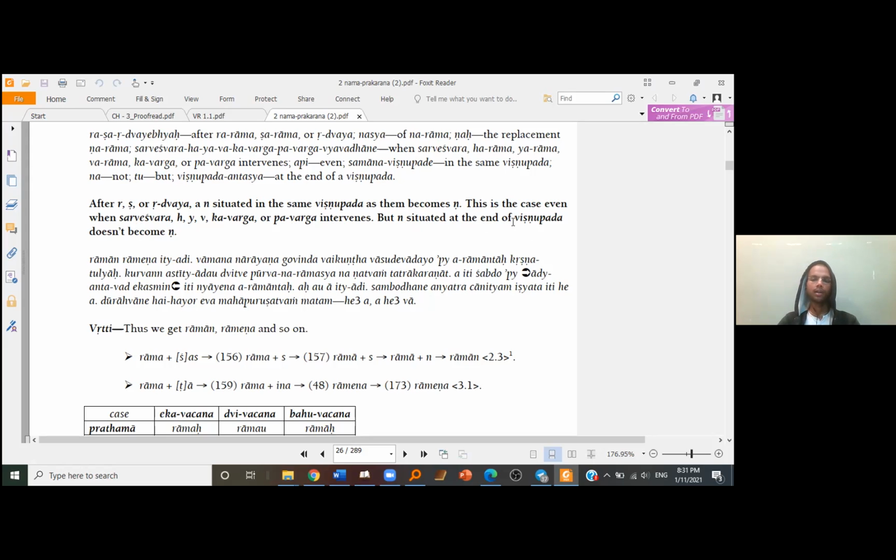So if it's at the end of a Vishnupada, like for example, we have Raman, so Na is at the end, Raman. There, all the prerequisites are fulfilled, but we don't convert Na Rama into Raman 2.3 because it's situated at the end. So it has to be somewhere in between the Vishnupada.